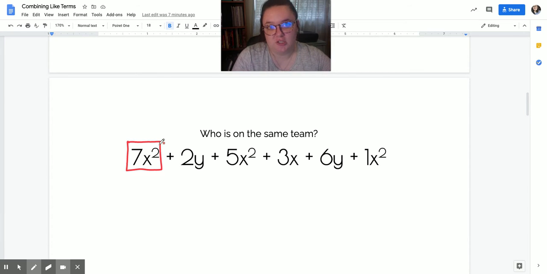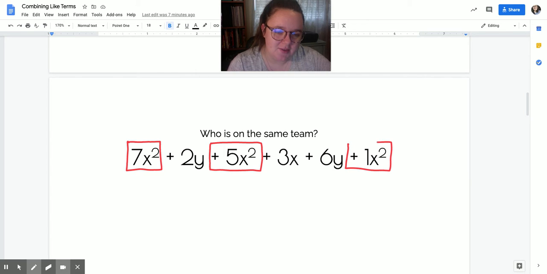His jersey or what he is wearing is x squared. Do you see any more x squared jerseys in this expression? Not one here, but here is another x squared, a plus 5x squared. And then there's one more x squared back here at the end.